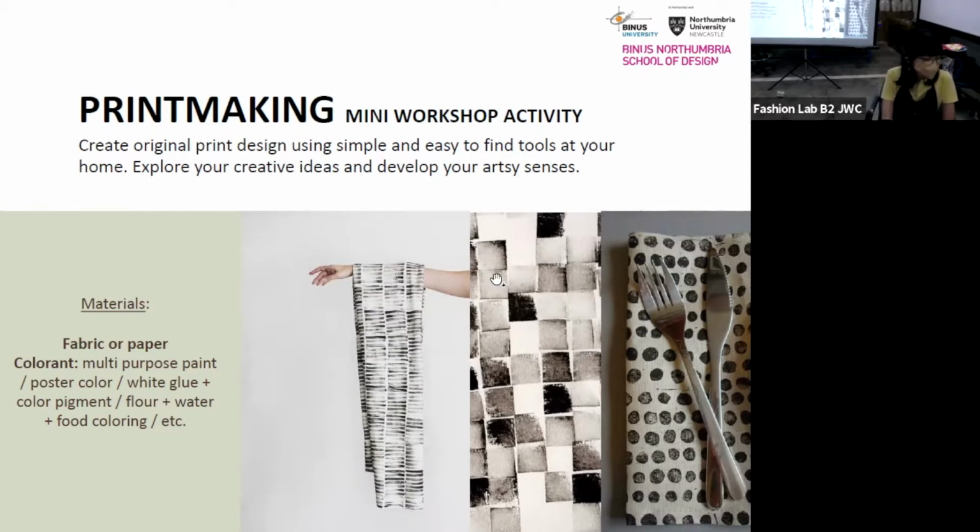Or you can mix white glue and color pigment, the food coloring. Or using flour and water and using food coloring. Okay. So any kind of coloring is possible. Just use the one that is easy to find.